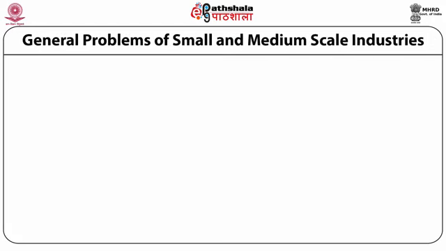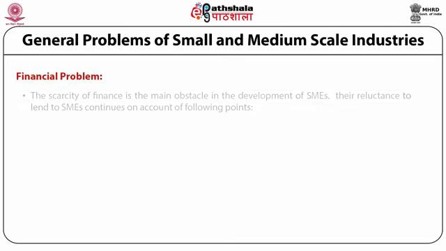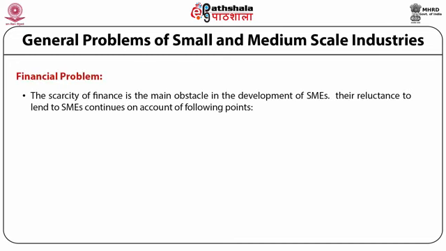Now let's discuss the general problems of small and medium scale enterprises, as every enterprise has certain problems. The very first problem relating to small scale industries is the financial problem. As the scarcity of finance is a main obstacle in the development of SMEs, the profit earned by them is often not enough for investment purposes.